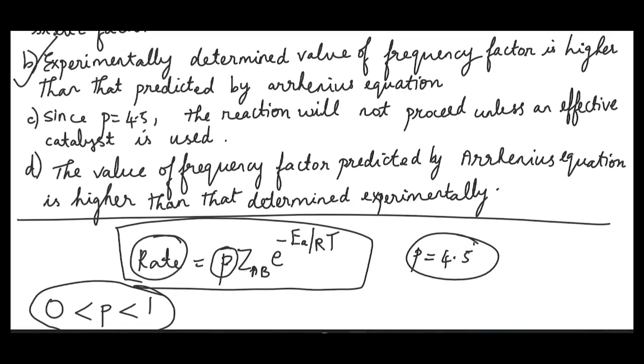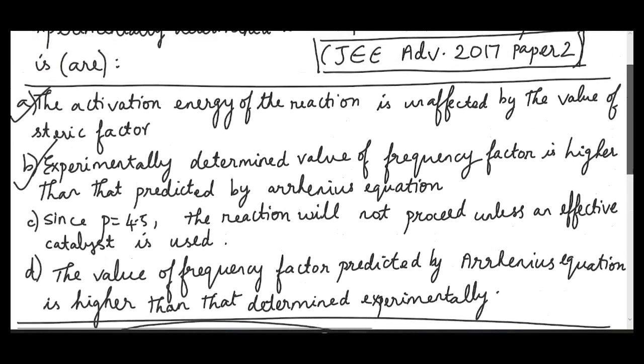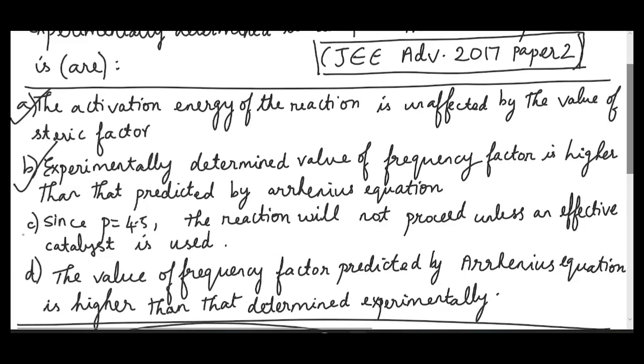So if the P value is very small, then only the catalyst is required to carry out the reaction at a measurable rate. So since P is 4.5 here, the reaction can proceed without an effective catalyst too. So option C is false.